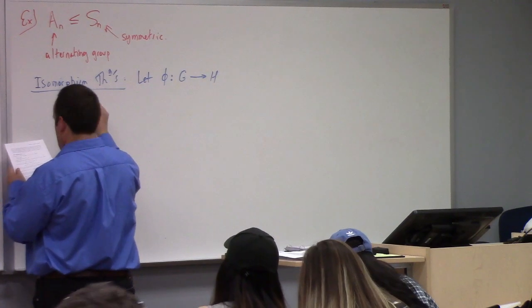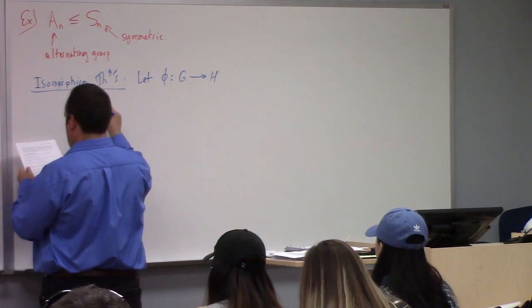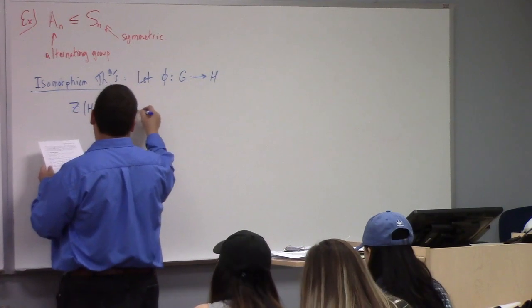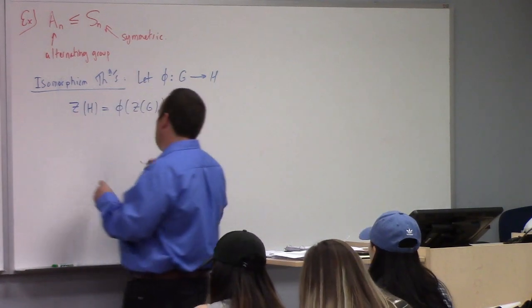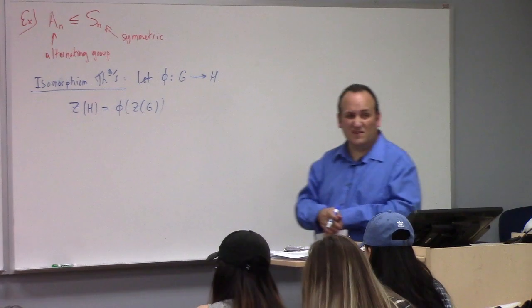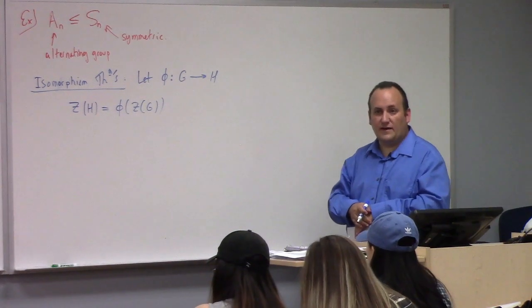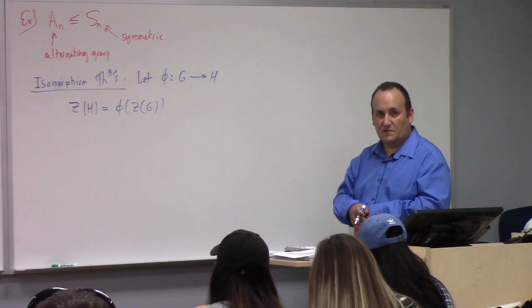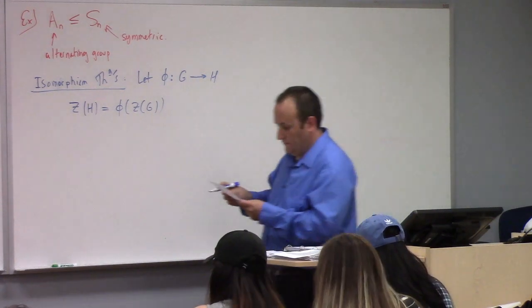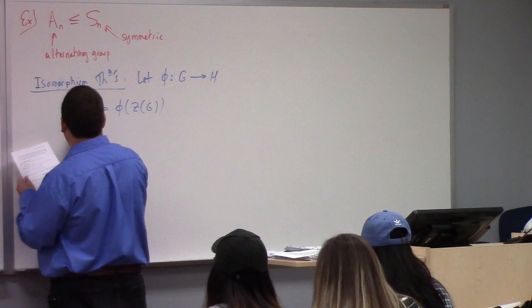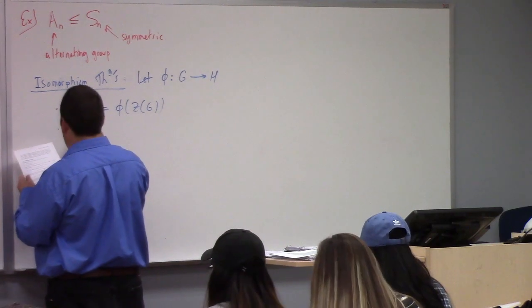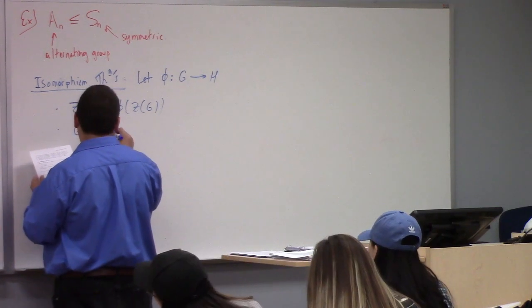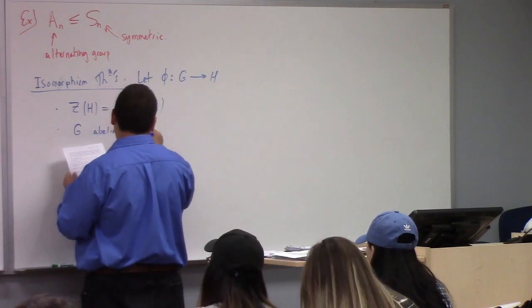So the center of H, guess what? It is the image of the center of G. So the image of the center under an isomorphism is the center of the isomorphic group. We also have that G is abelian if and only if H is abelian.